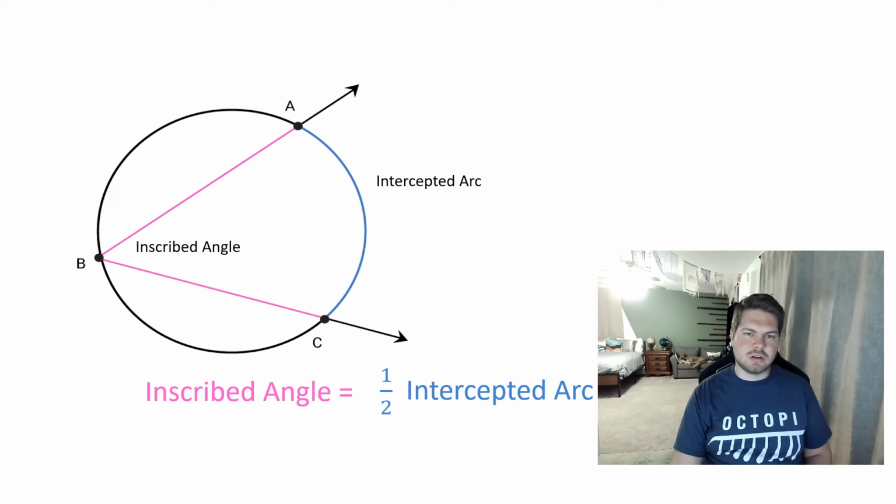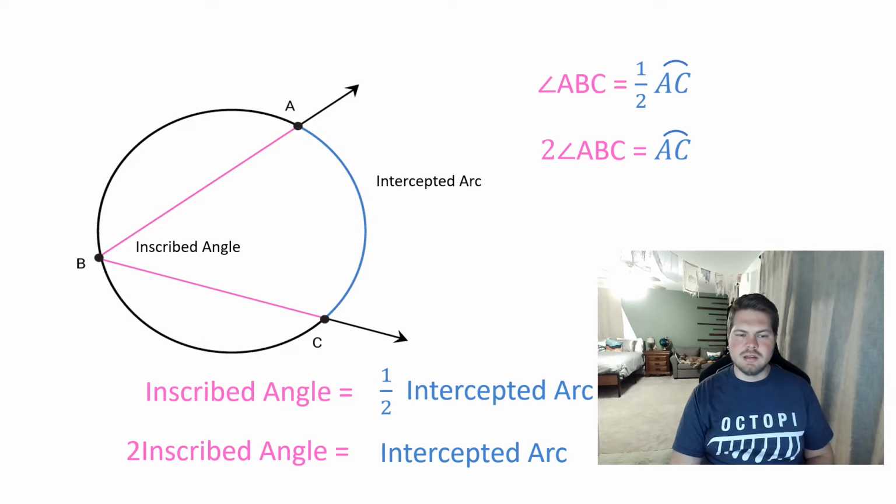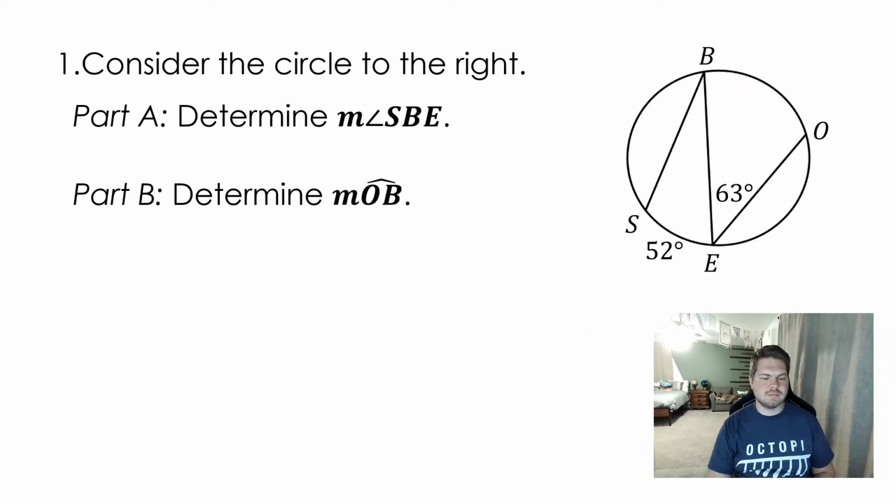Or the opposite is true: 2 times the inscribed angle equals the intercepted arc. This is kind of what that looks like. Either way, you should be able to find the answer you're looking for. Let's see what that looks like.